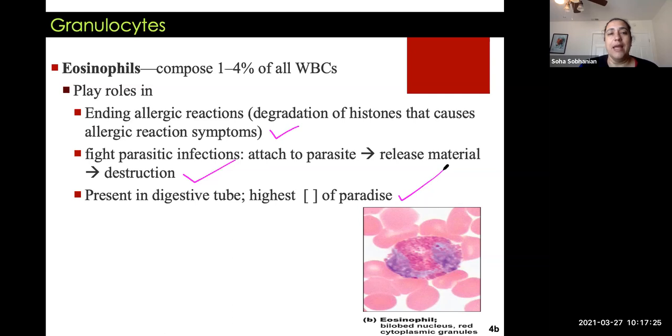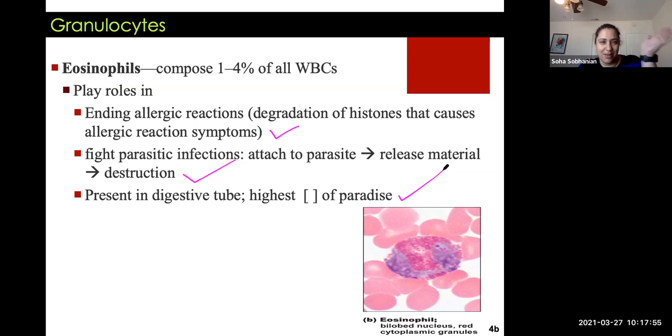If you have an allergic reaction, let's say you get hives or you break out in a rash, one of the main things that actually stops that allergic reaction is the activity of your eosinophils. They degrade what we call histamines that trigger that allergic reaction. So ending the allergic reaction is done by your eosinophils.